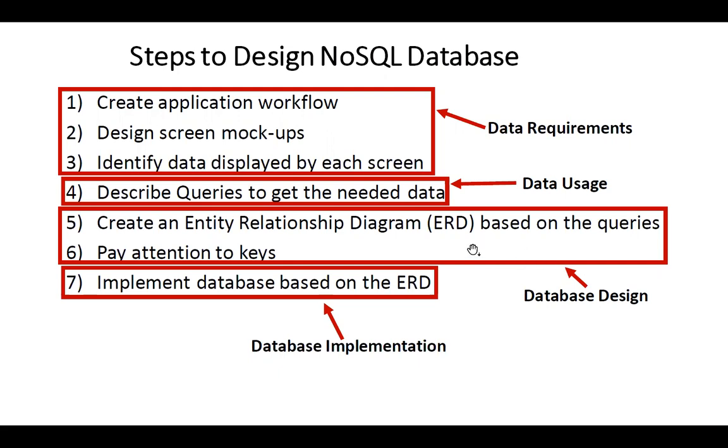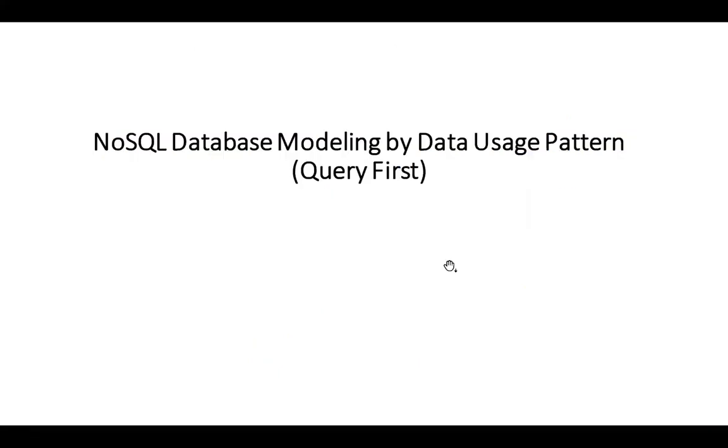And we are going to walk through one implementation of this process for designing a NoSQL database. So this is an implementation of the NoSQL design process we just went over.